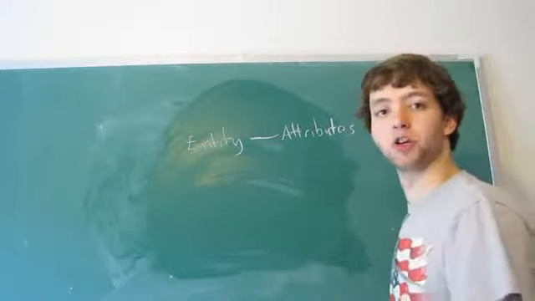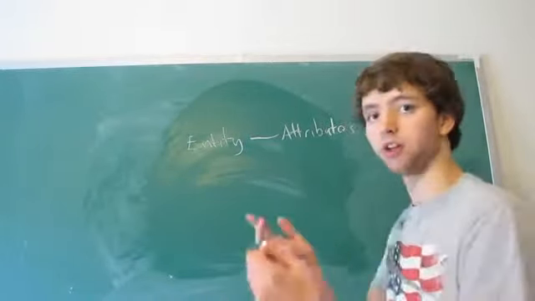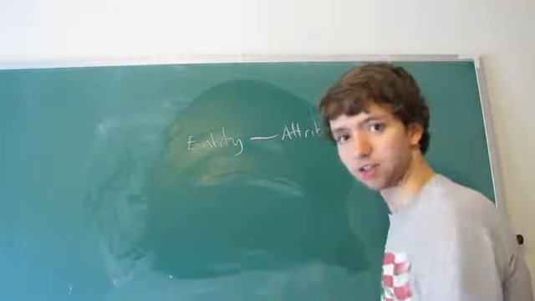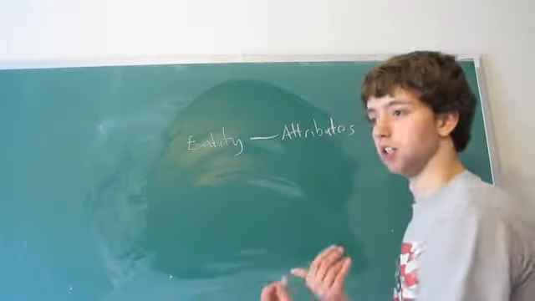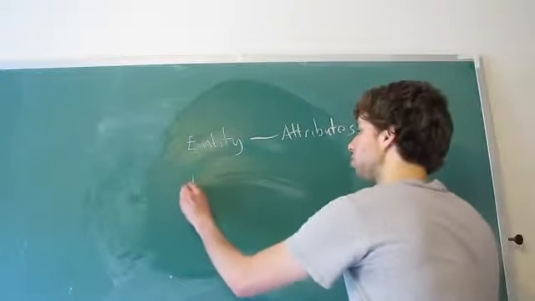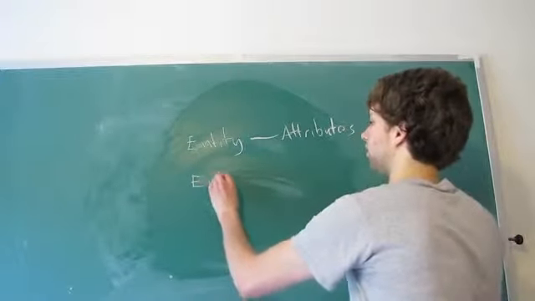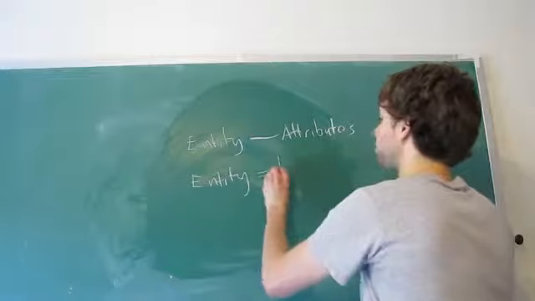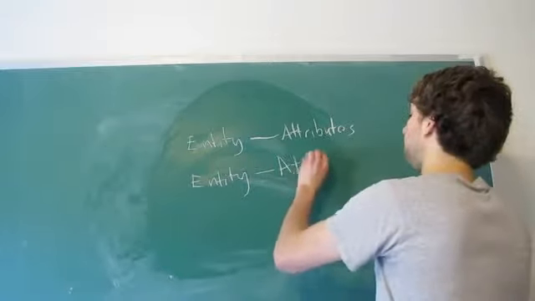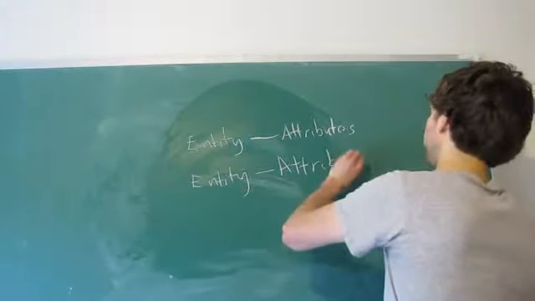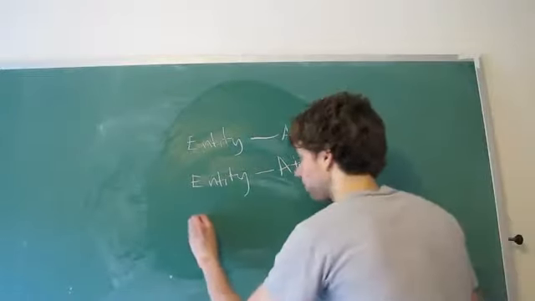Think of like a college. We could store information about the student, the professor, the classes, the faculty, the whatever else. So we can have multiple entities, and then multiple attributes about that entity. And then we can have a third entity.